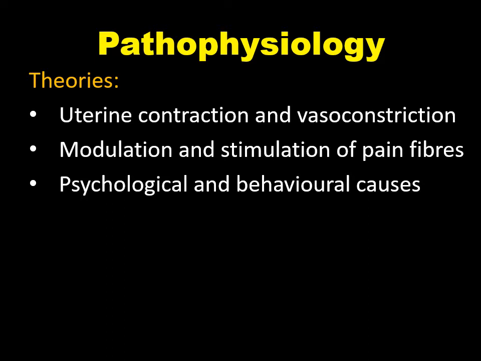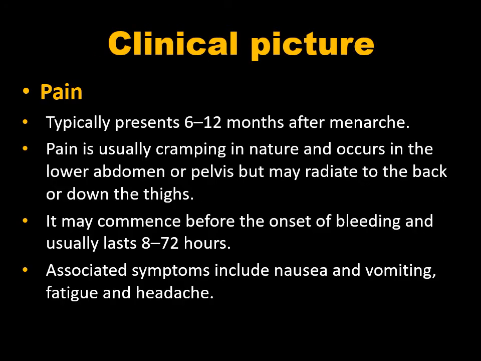Psychological and behavioral causes. These can be related to personality and social factors and experiences gained from surrounding relatives. Dysmenorrhea is pain. Primary dysmenorrhea typically presents early after menarche, usually 6 to 12 months after menarche.